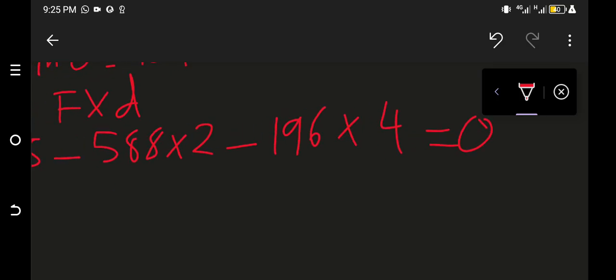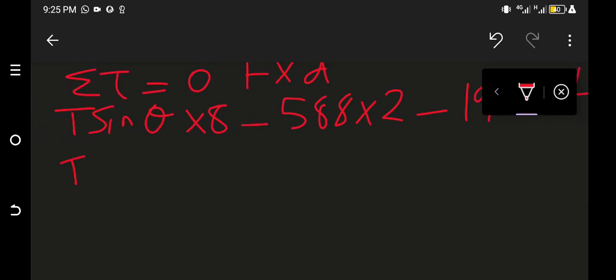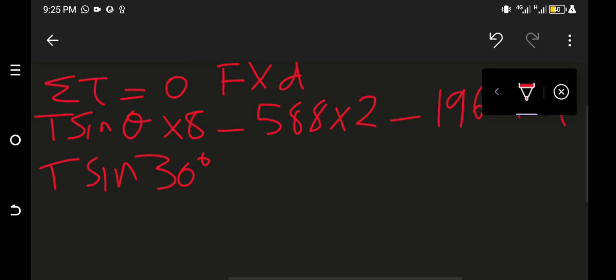Okay, so we have to simplify. T, the angle which we were given in the question was 30 degrees, multiplied by 8.